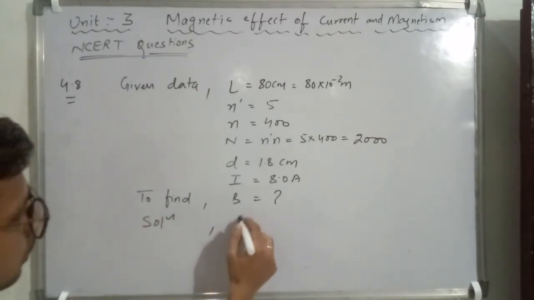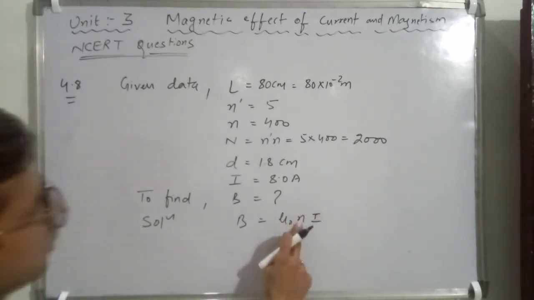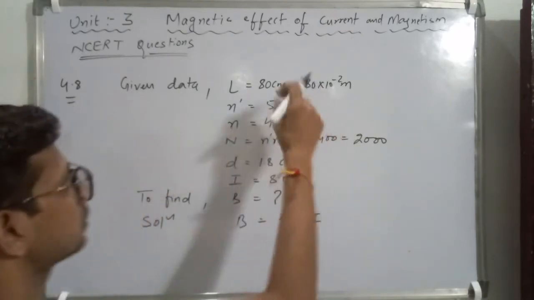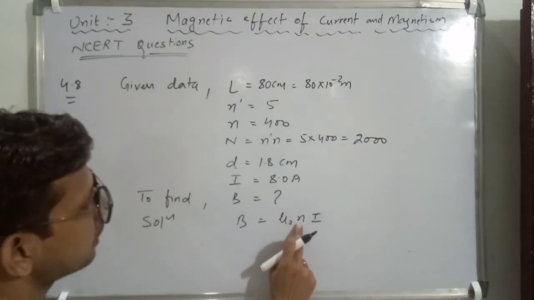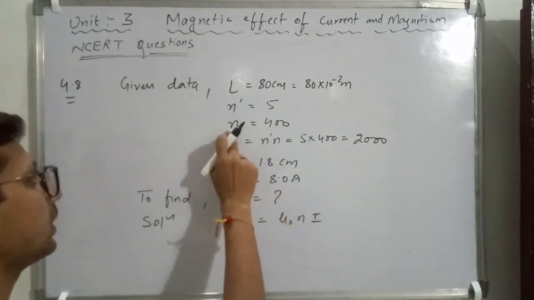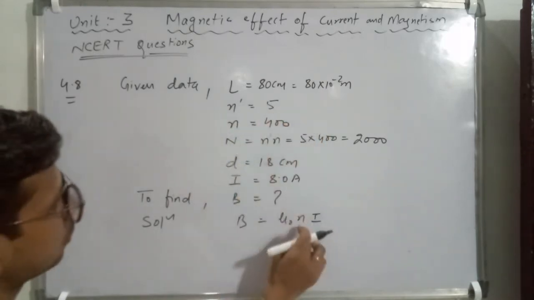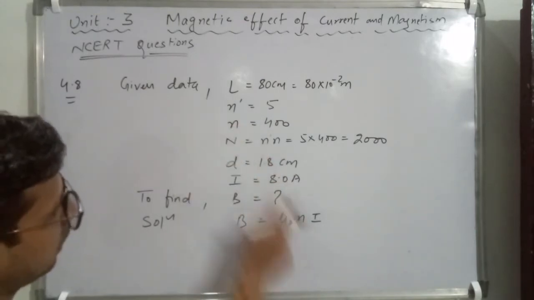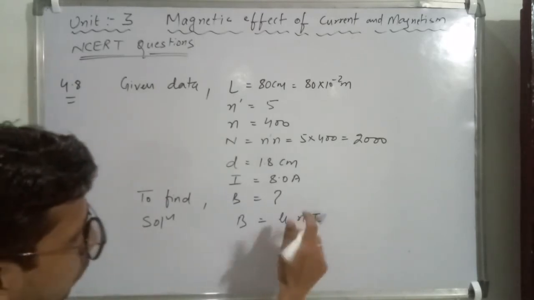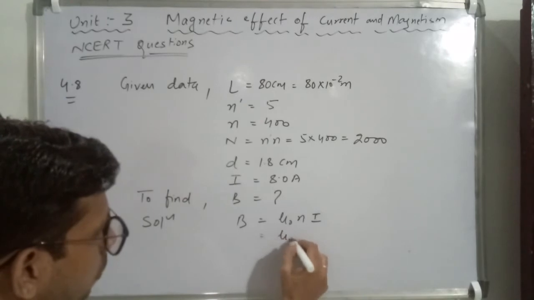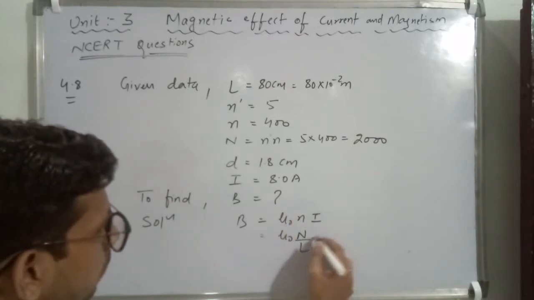We will use the formula B equals mu naught n into I, but n is not given. Here the total number of turns and length are given. This n is the number of turns per unit length, but here we have considered small n as the number of turns in each layer. So we will not be puzzled here, these are two different things. According to the formula we studied, small n is number of turns per length. Okay, we can change it: mu naught capital N by L, number of turns upon length, in place of small n, into I.